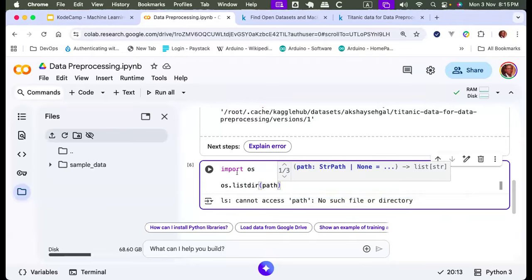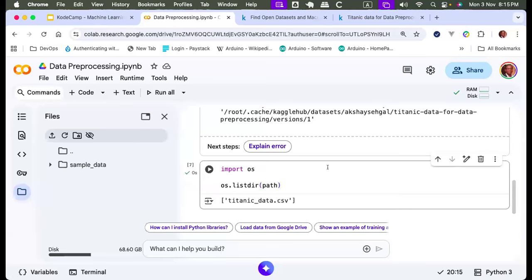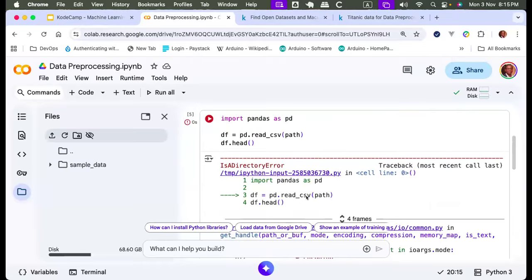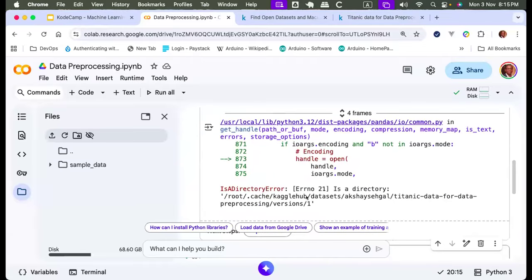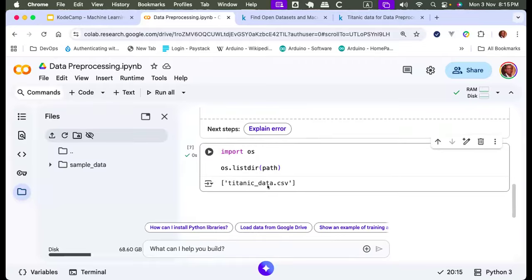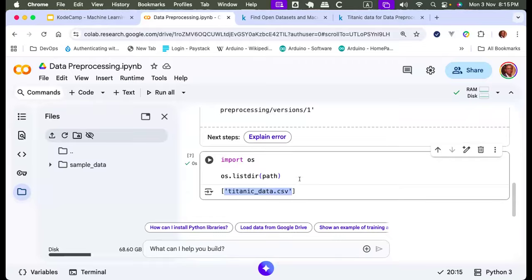Okay, so let me just see what's inside there. So you can see I've listed the directory. What I have is Titanic_data.csv. So this is the actual file inside the path. So there's only one file inside it.